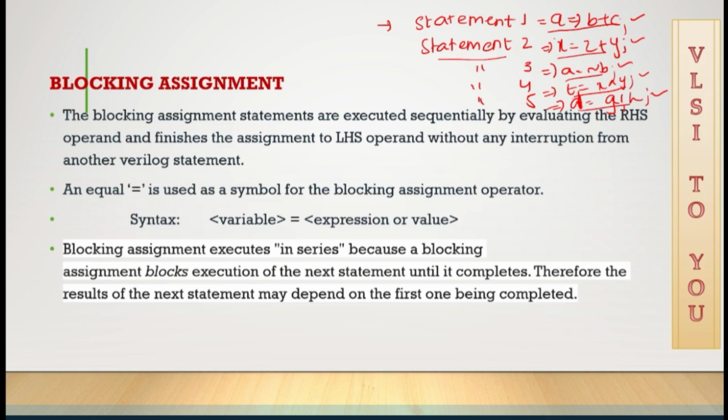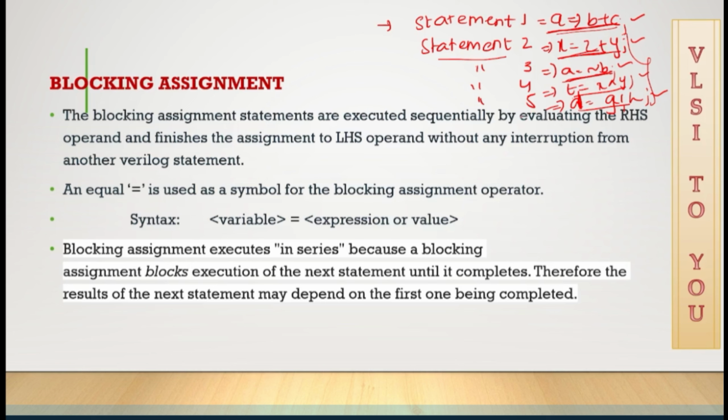In this way, the first statement execution is blocking the four statements. After completion of the first statement execution only, the remaining four statements will start. After completing second, it will come to 3. Until the completion of 3, 4 and 5 are blocked.